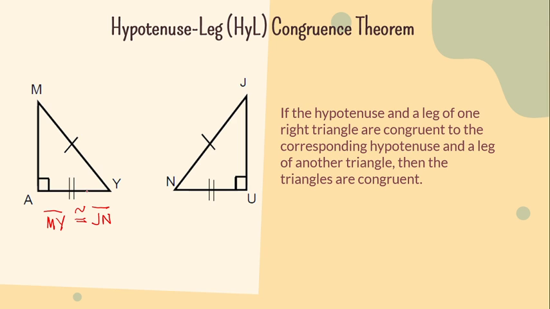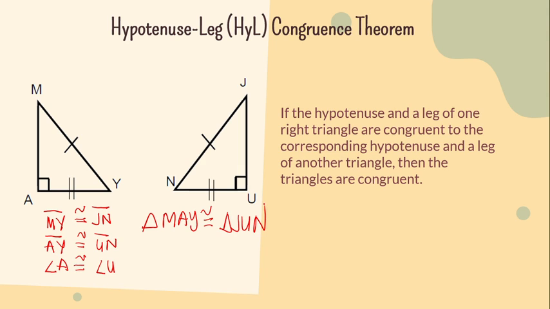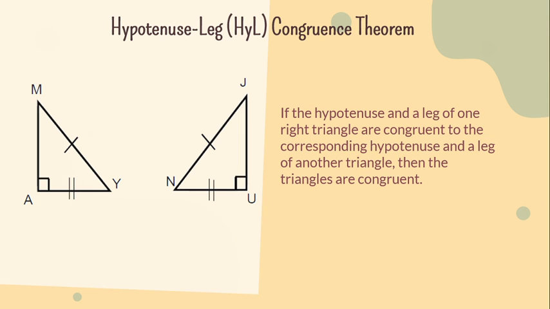Then yung side natin or yung leg, so we have leg or side AY is congruent to side UN. And then yung angle natin na angle A ay congruent sa angle U. So we can say that triangle MAY is congruent to triangle JUN. And that is the hypotenuse leg congruence theorem.